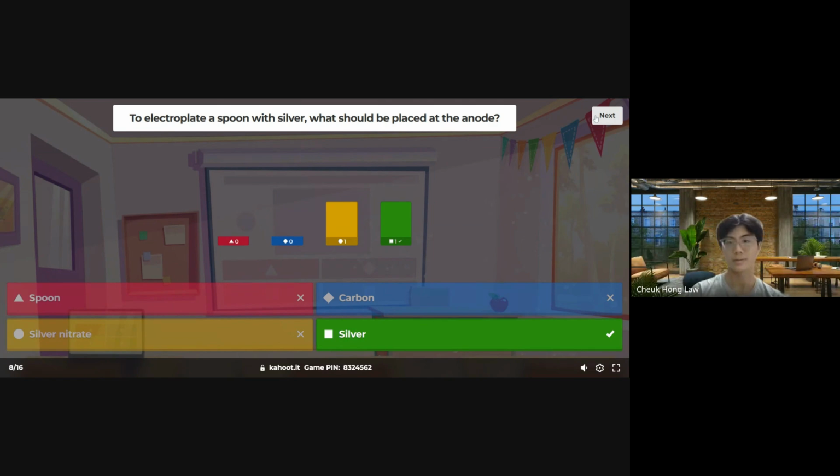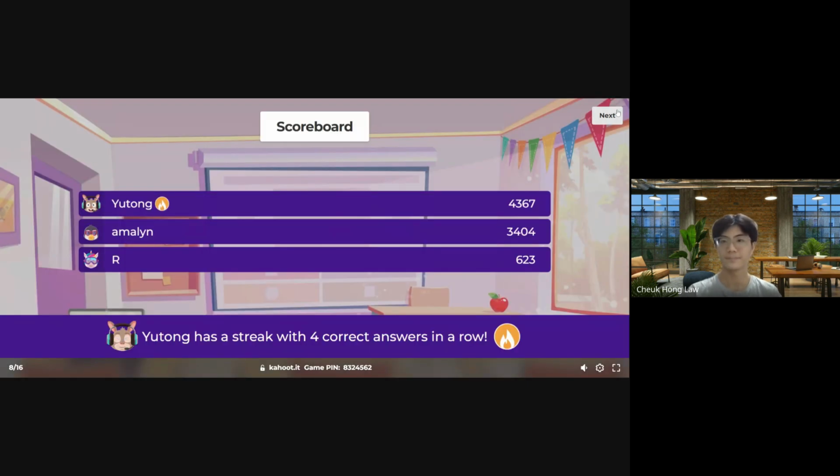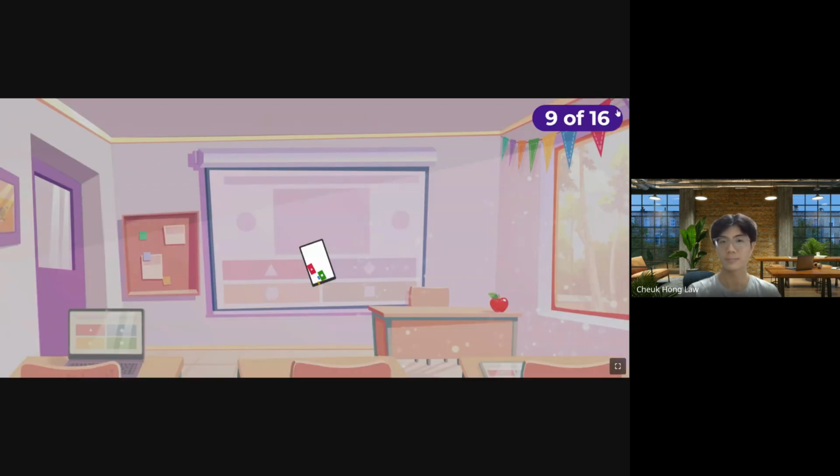Silver should be placed at the anode. There won't be any more carbon because carbon is inert. We want reactive electrodes. The one placed at the anode is the one that loses mass, and the one that loses mass is the one that you use to electroplate. You use silver to electroplate a spoon. Right, good job, Yutong.